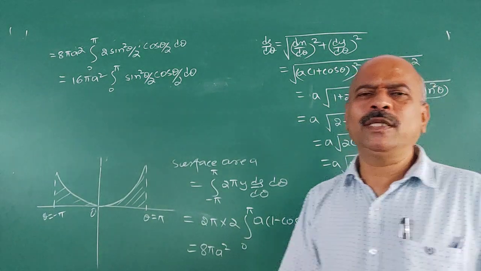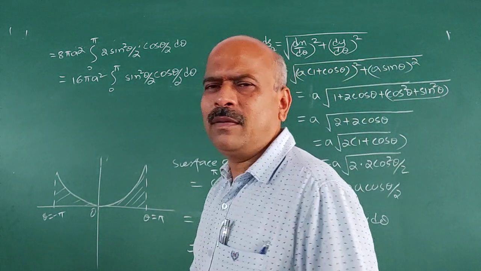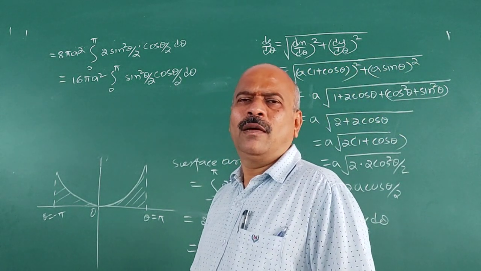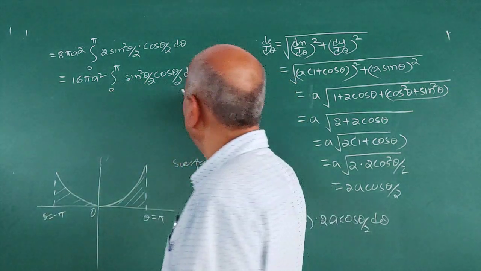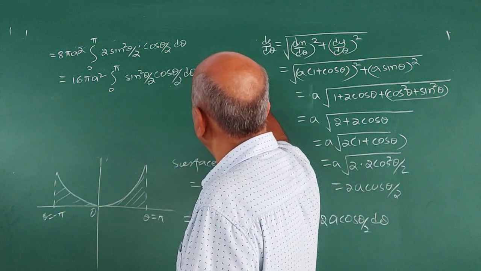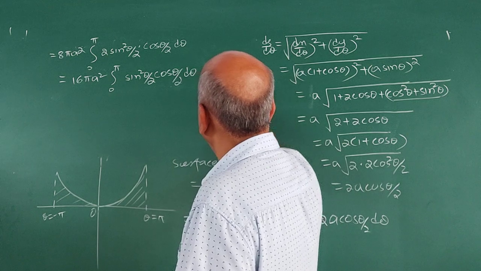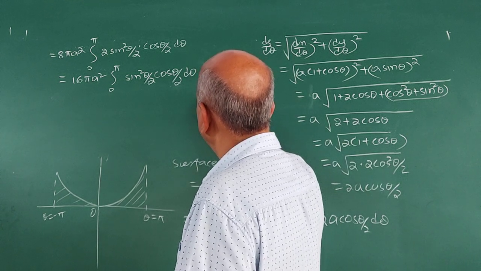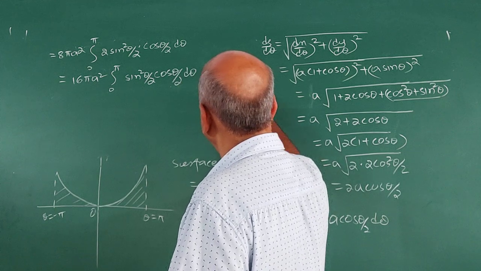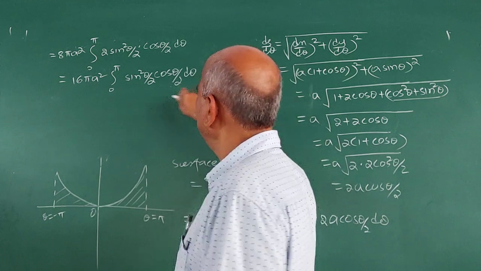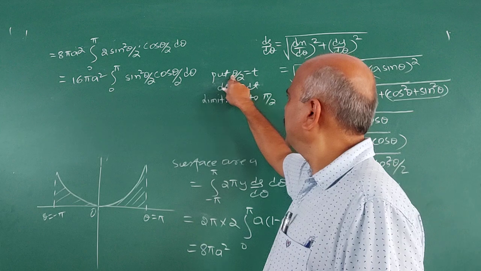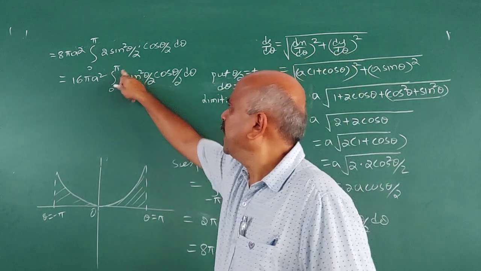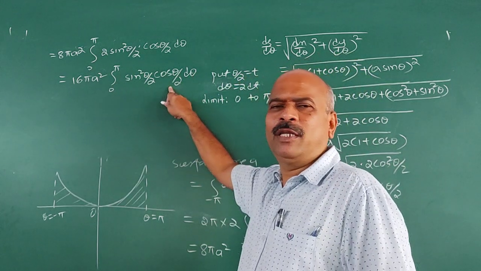Now how do you evaluate? You can apply a reduction formula, but it is a direct simple integral. First use this substitution: theta by 2 is t, d theta becomes 2 dt. Limits become 0 to pi by 2, because if you substitute theta is 0, you get t is 0. Here the variable is theta.